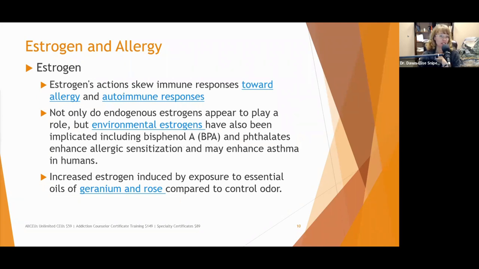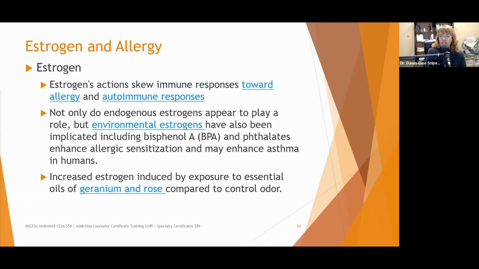Estrogen's actions, and this is just an interesting fact, skew immune responses toward allergy and autoimmune responses, which seems counterintuitive since estrogen can have some anti-inflammatory effects. It depends on where the estrogen receptors are and how they're working. In the lungs, it can actually increase asthma and inflammation.